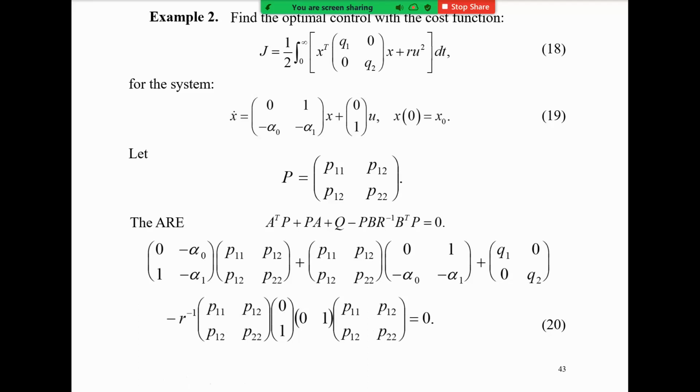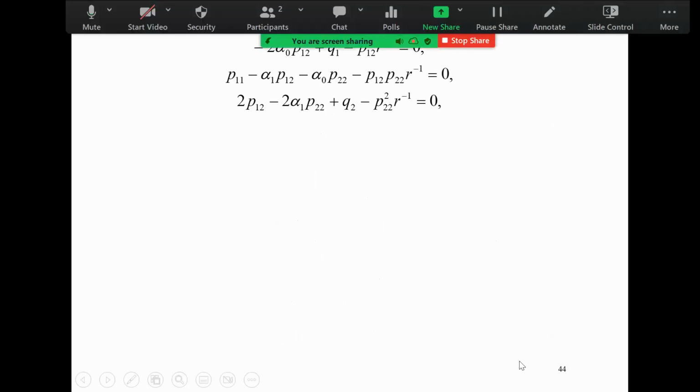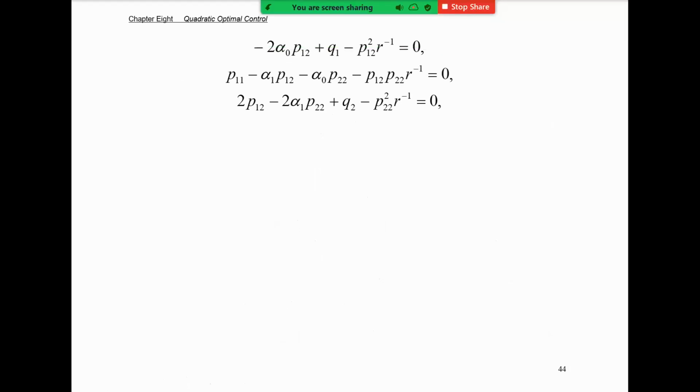From this equation you can derive three equations. You say, why are there only three? There are supposed to be four. But remember, eventually the matrix is a symmetric matrix, so you only get three terms. There is another term that will be the same as one of them. So we get three equations.